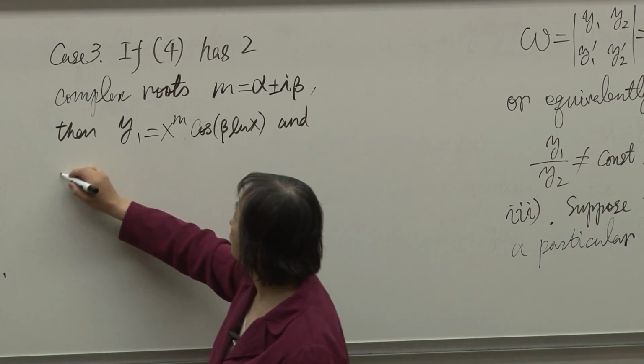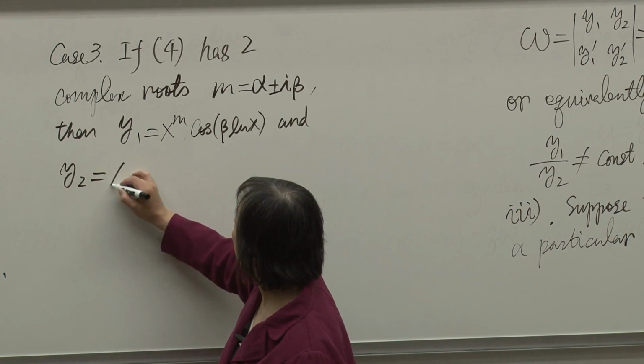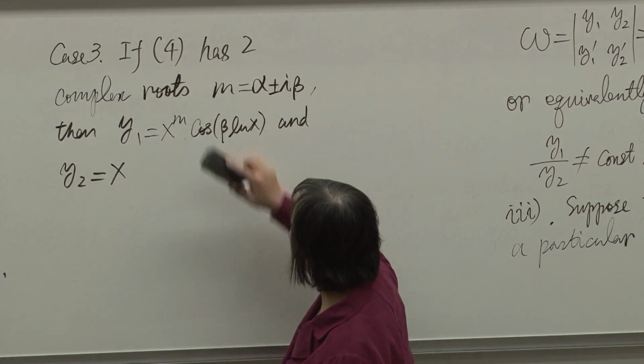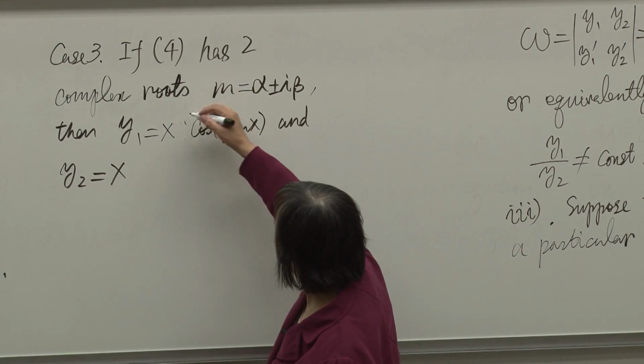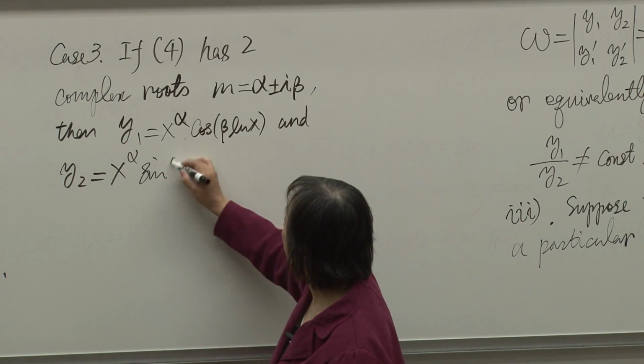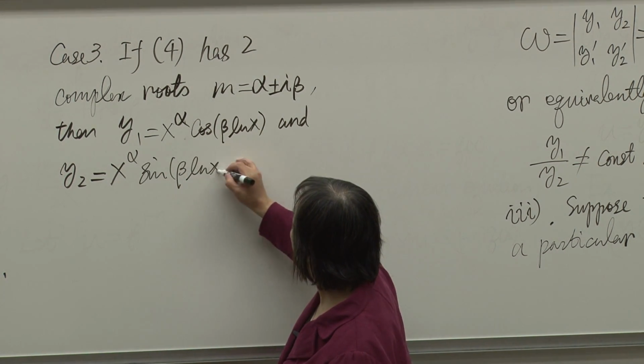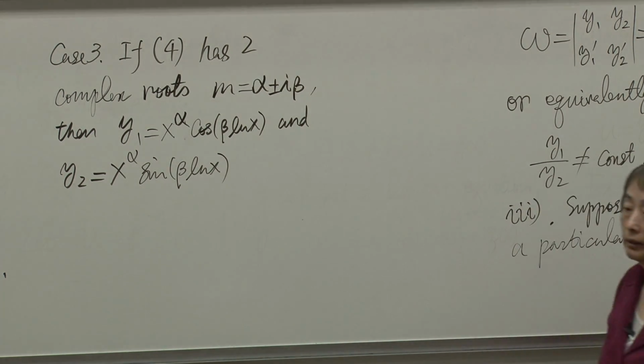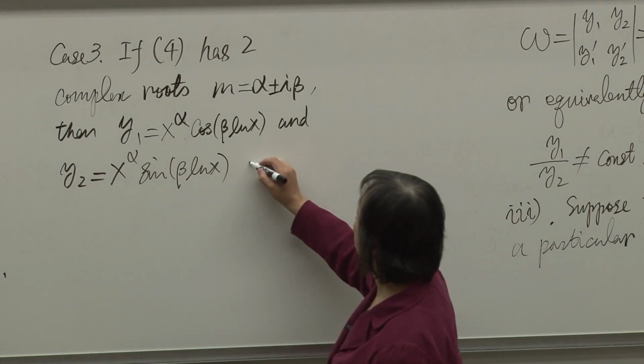The second solution, y2, is x^alpha times sine of beta log of x. These are linearly independent solutions.